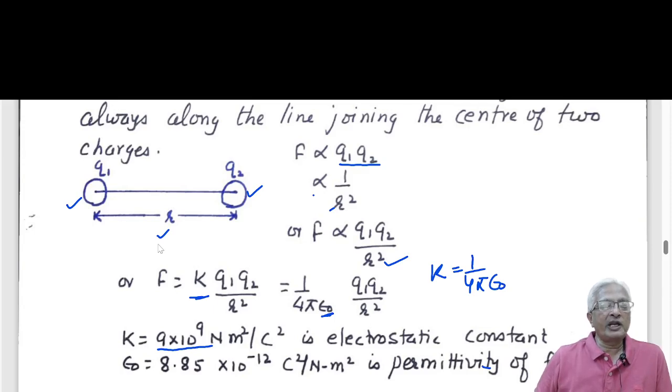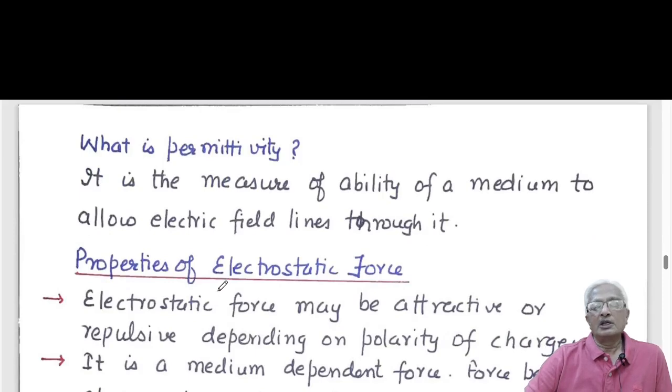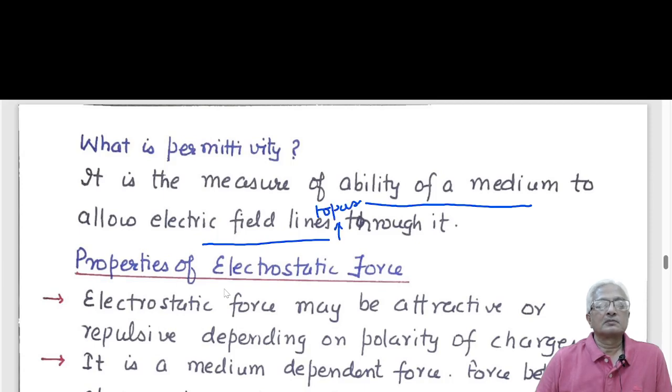It is 8.85 into 10 raised to power minus 12 coulomb square upon newton meter square. Now the basic question that comes to my mind is, what is permittivity? Permittivity is a measure of the ability of the medium to allow the electric field lines to pass through it.